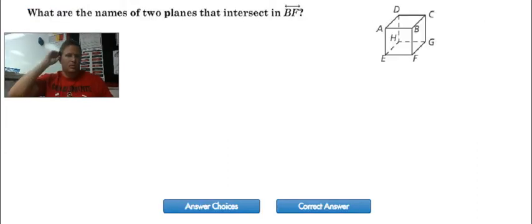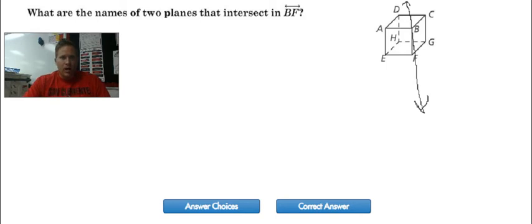Alright, next one, write the question and the picture. Again, it's kind of hard drawing this picture, so do the best you can. It says, what are the names of the two planes that intersect in line BF? So if I were to draw a line, there's a line that we have right here. And remember, when two planes intersect, they cross at a line.